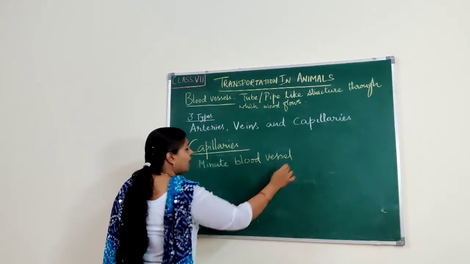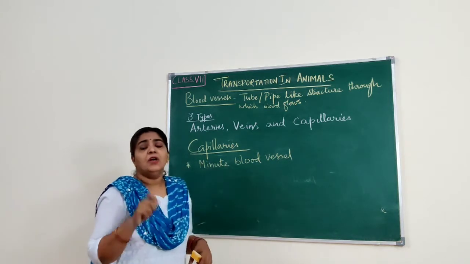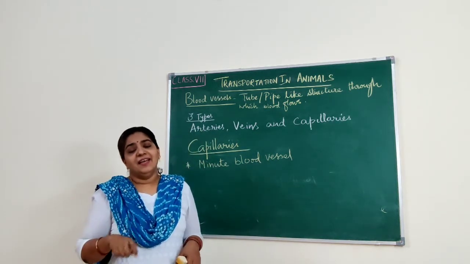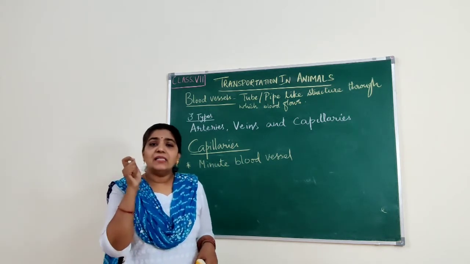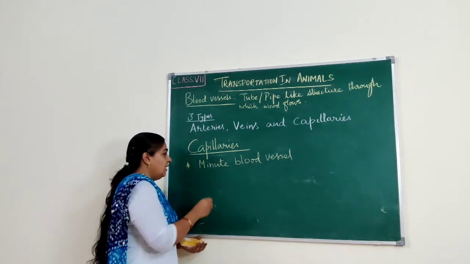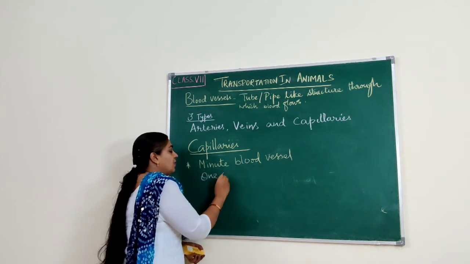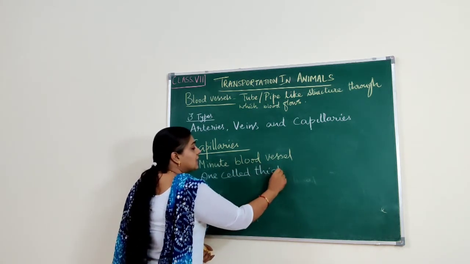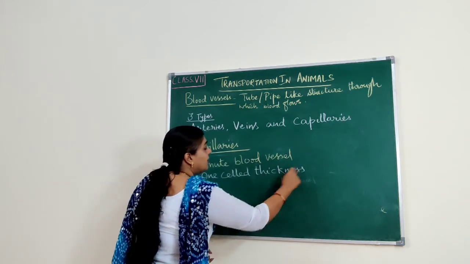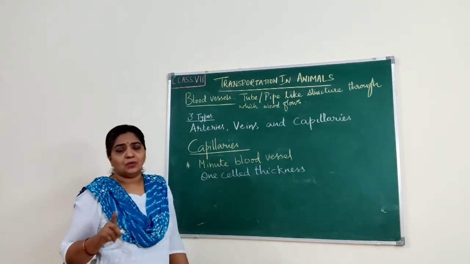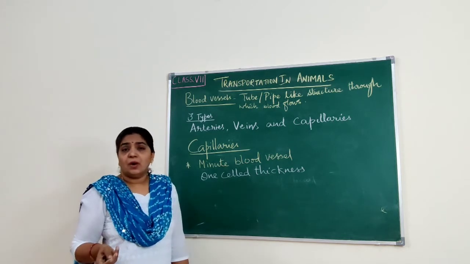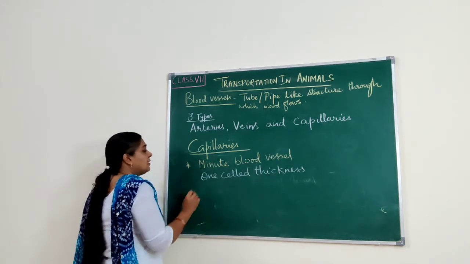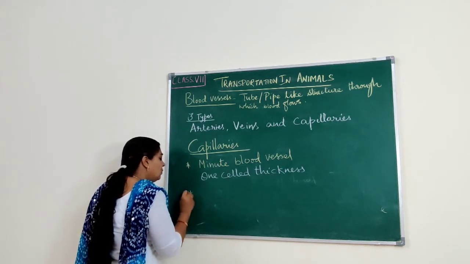Minute means very small, so small that we cannot see capillaries with our naked eyes. It is only one cell thickness. Okay, capillaries are only one cell thickness. Can we see a cell? No, we cannot see a cell with our naked eyes. Only through the microscope we can see, that is through a compound microscope or electron microscope only we can see. So the capillaries are very, very minute blood vessels.